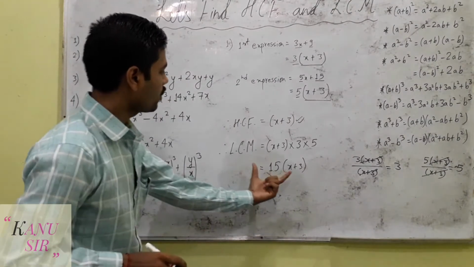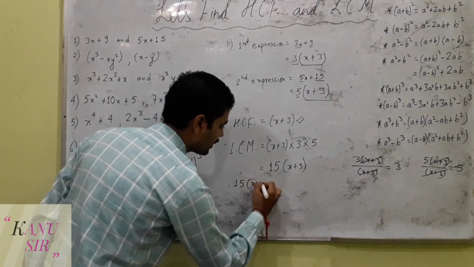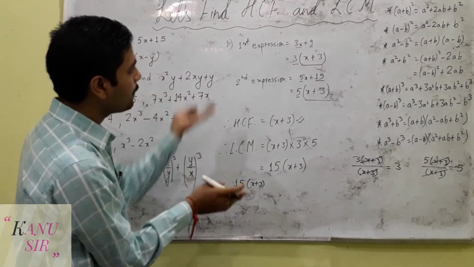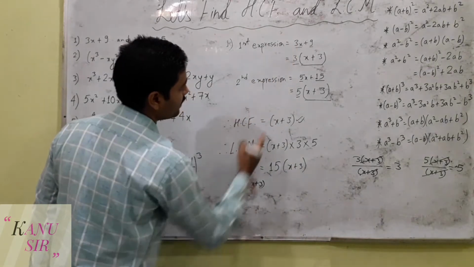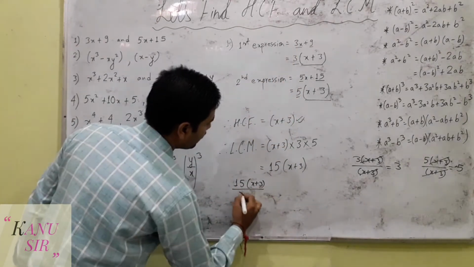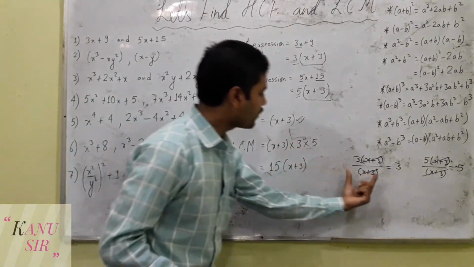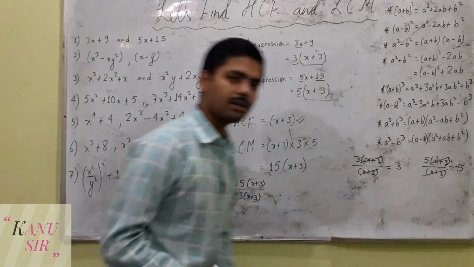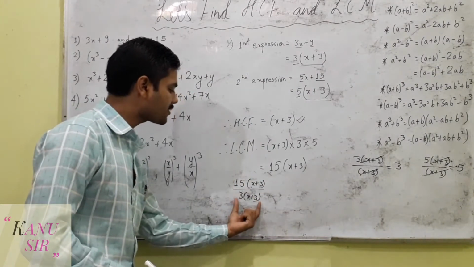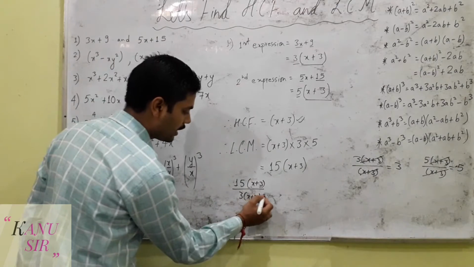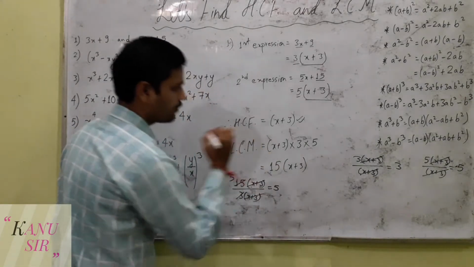But the LCM is a factor that can be divided by the given expressions. The first expression is 3x plus 9, that is 3 times x plus 3. Here we put the HCF in the denominator, but for the LCM it will be in the numerator and the given expressions will be in the denominator, and you find it divides, and the answer is 5.